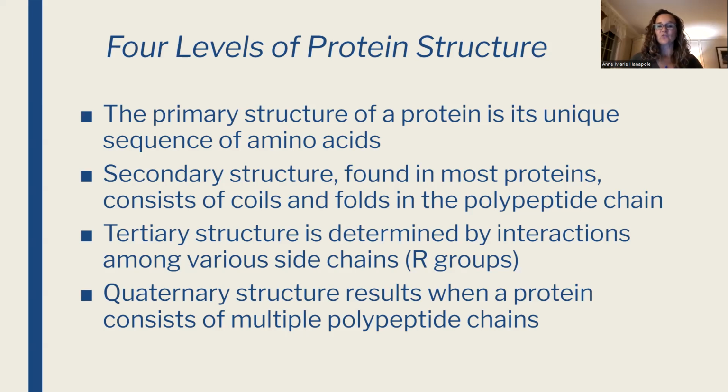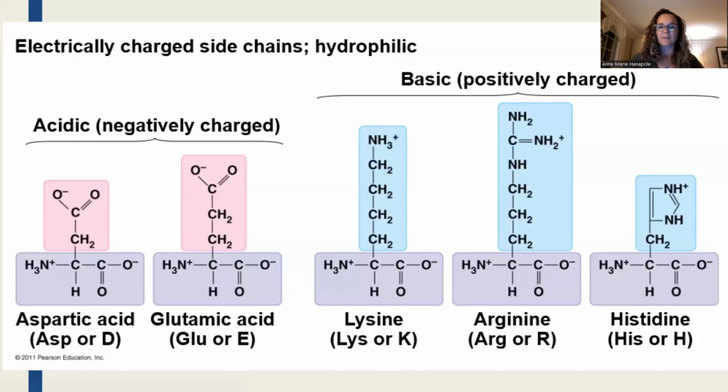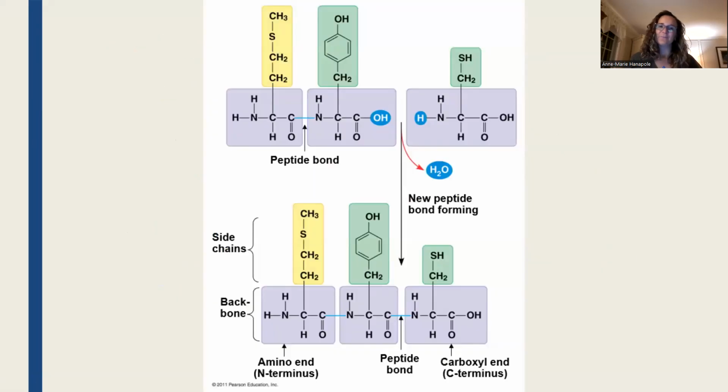The secondary structure is, if we look at the backbone of an amino acid, let's go back right here. If we look at this purple area, we can see a lot of hydrogens sticking off of there, and then we've got some oxygens and some nitrogens in there as well.